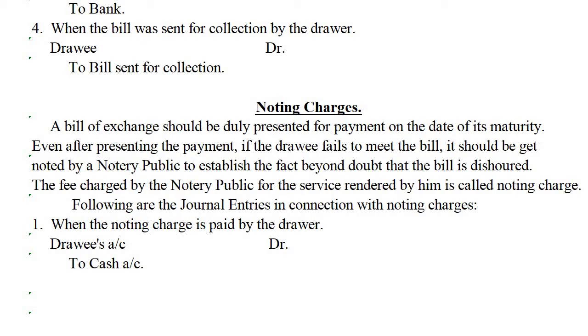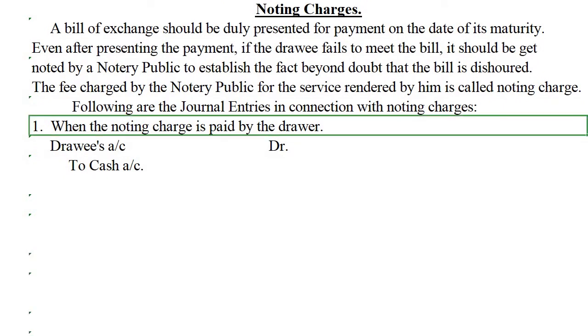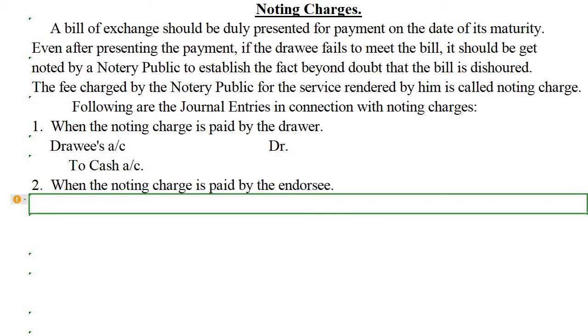Then next case, when the noting charges will be paid by the endorsee. Isn't it? Endorsee means the creditor to whom the bill is given. So at endorsing time, the bill will be with the creditor.